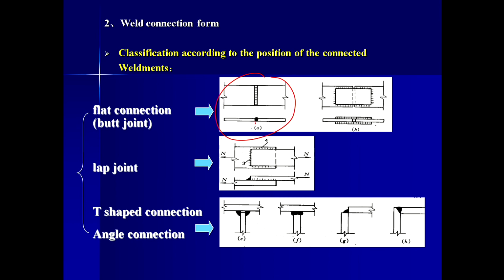Also we can use a plate to connect together. The lap connection means we connect these two plates directly, without a plate, just welding around the overlap. And the T-shape and angle connection, we just connect in here, in here, in here.